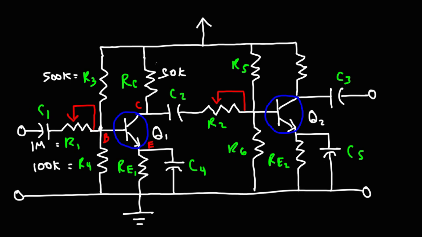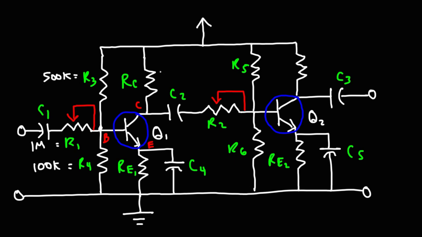Now let's adjust our RC and RE values. Since R3 is set to 500 kiloohms, I want RC and RE to be less than 100 times smaller than this value. So if you divide that by 100, you get 5 kiloohms.